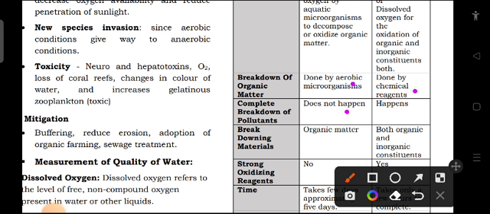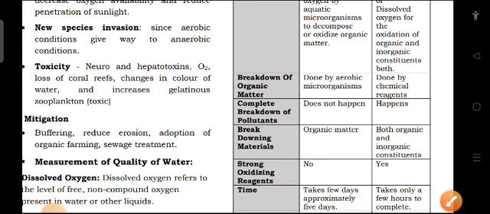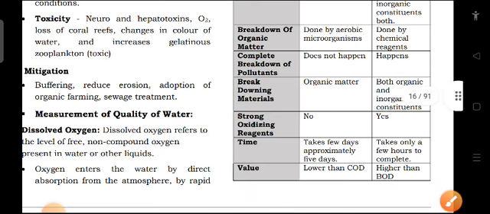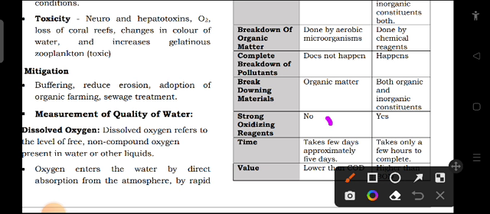Breaking down of material: in BOD, organic matter alone breaks down. In COD, both organic and inorganic material break down. That is what we saw here, right? Both are being oxidized and broken down. Then strong oxidizing reagent: in BOD, no. In COD, yes, it is a strong oxidizing reagent.